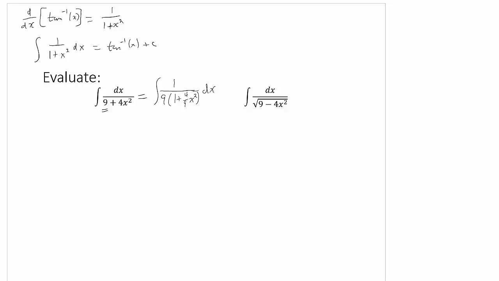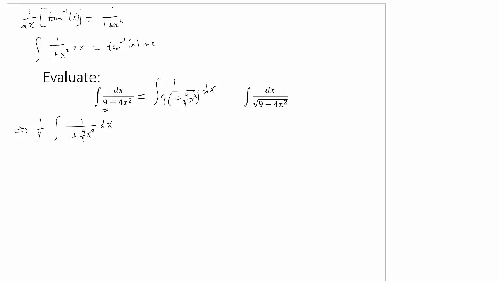Now I can bring that 1/9 in front of the integral. So this is 1/9 times the integral of 1 over 1 plus 4/9 x squared dx.